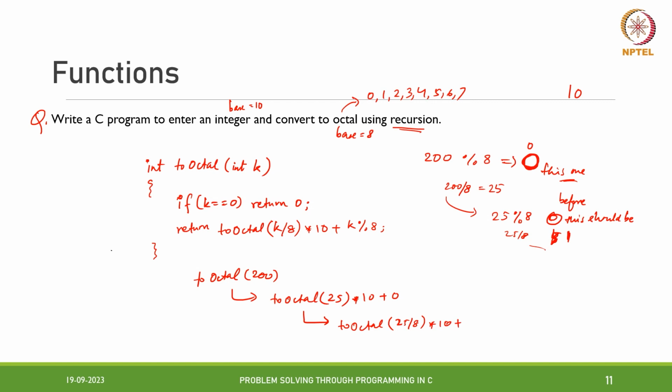K percentage 8 is, so k is what here? K is 25, % 8, so 1, right, remainder is 1. Now this to_octal, what it will be? 25 by 8 is basically 3, because it's an integer we are talking about, so the decimals you can just ignore, so it is 3. So you are calling basically to_octal of 3.